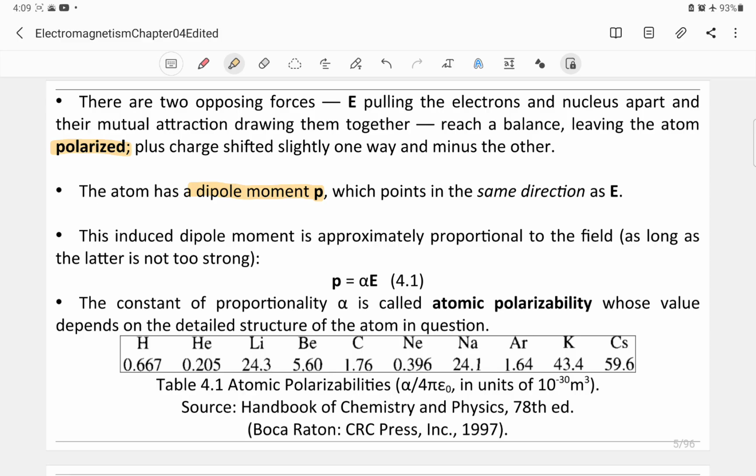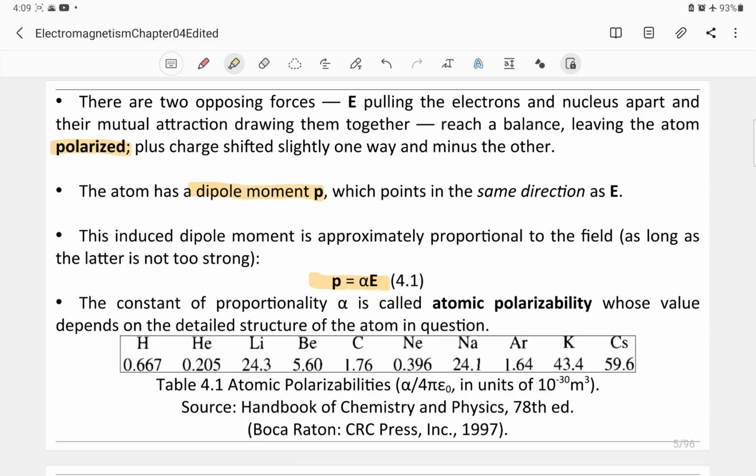So your dipole moment is proportional to your electric field. For different molecules or different atoms, you have different structures, and so the dipole moments created by the external electric field are also different.